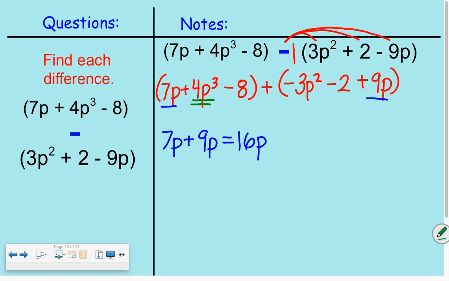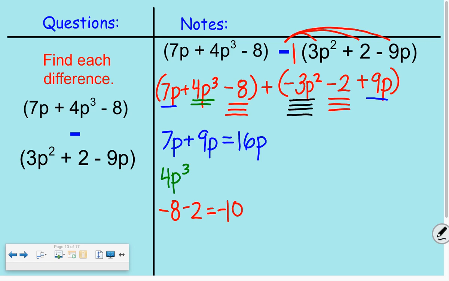P to the third can't be combined with anything. Negative 8 and negative 2 make negative 10. And negative 3p squared can't be combined with anything. So my biggest exponent is the 4p to the third. Next biggest is the negative 3p squared. Then I have the 16p and the negative 10.